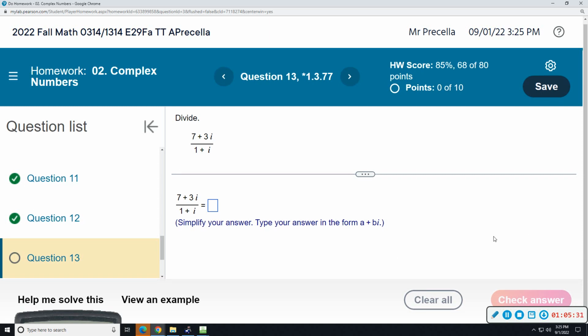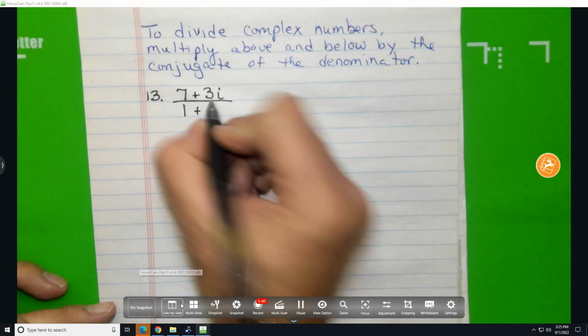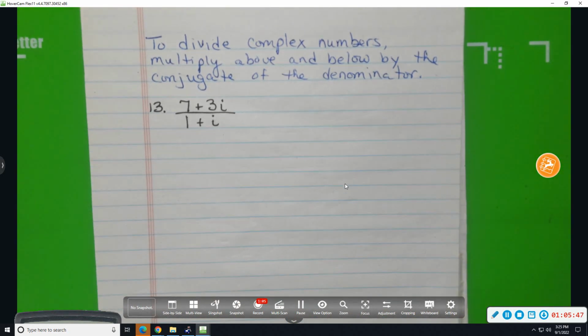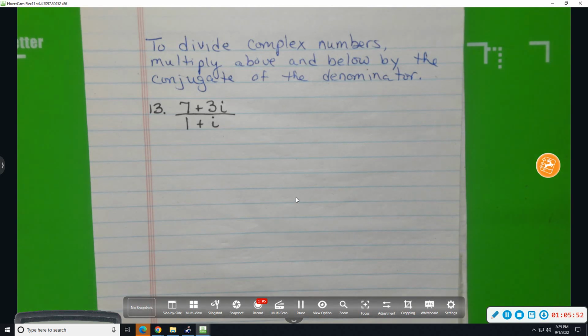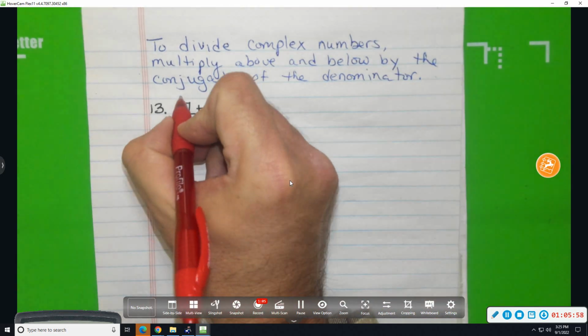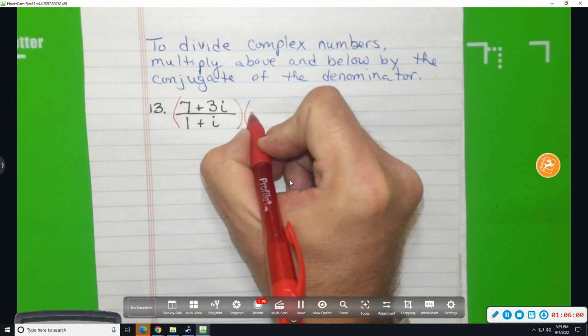So 7 plus 3i divided by 1 plus i. This is number 13. We're going to wind up FOILing twice on here. Let's see. I'm going to put parentheses around here.